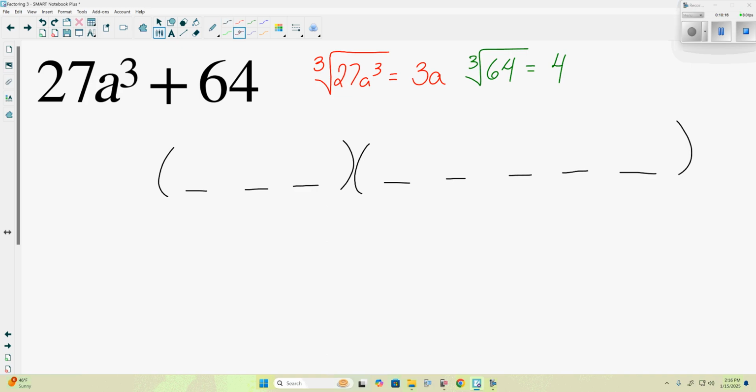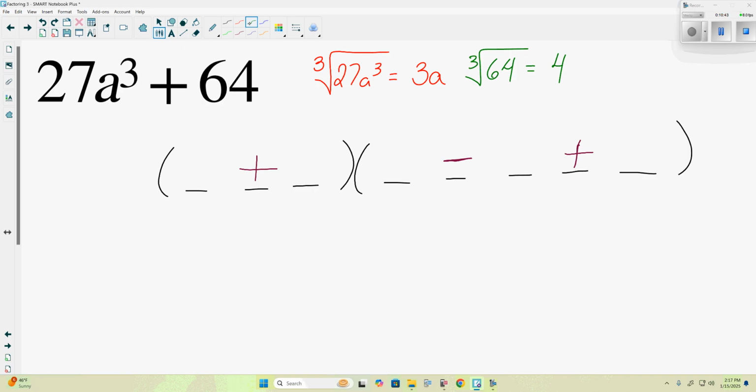Our signs are going to be the same, opposite, always end on a positive note. Since we're talking about a sum, for it to be the same, the first sign is going to be plus. Opposite means our next sign is going to be minus. And always end on a positive note means our third sign is plus. So we have plus, minus, plus for this here.